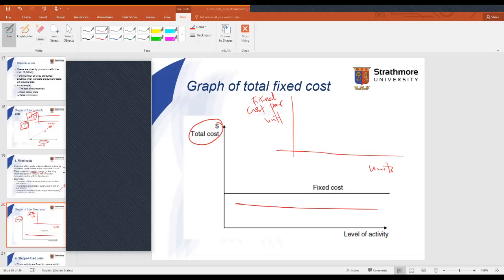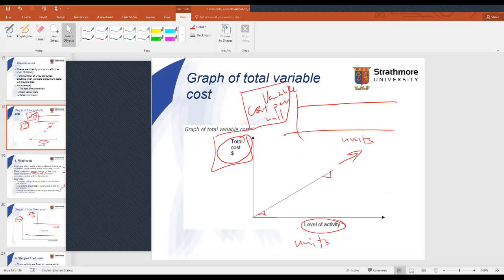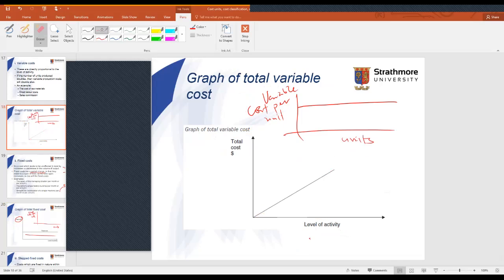I'm not quite sure. Now, let me go back to variable cost. In terms of the variable cost, we see the total variable cost, if we have this here as our dependent variable, that in case we are going to be producing more units, then of course you as Unilever are going to buy more of the ingredients that make Omo.